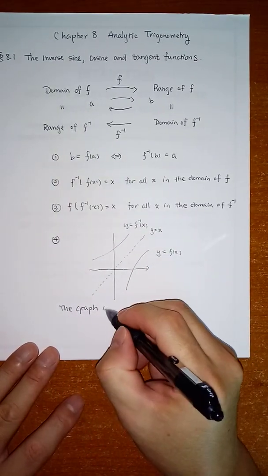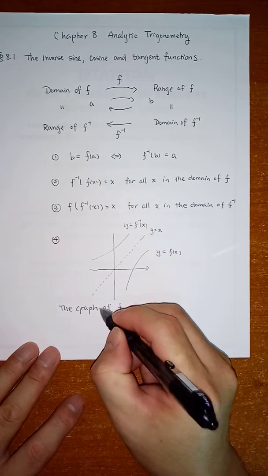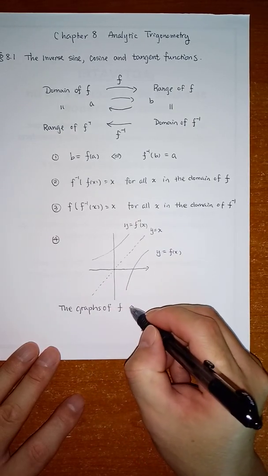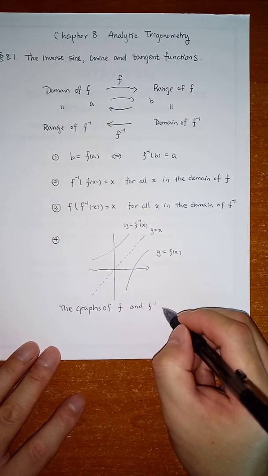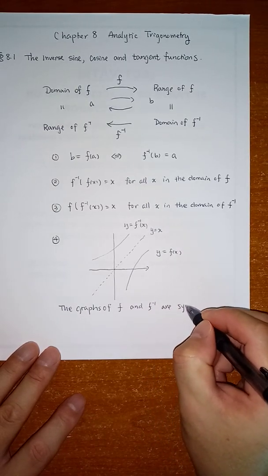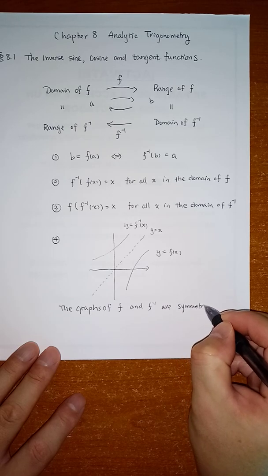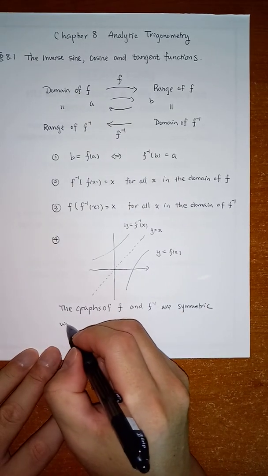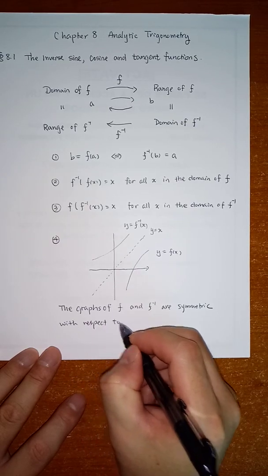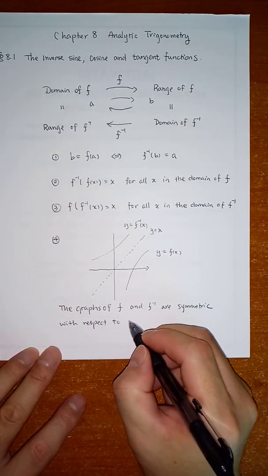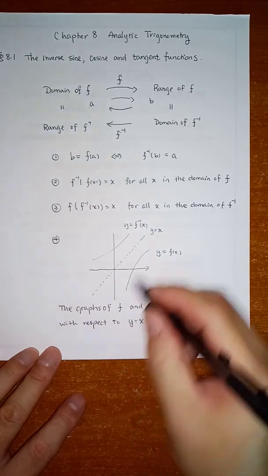The graphs of f and f inverse are symmetric with respect to the line y equal to x.